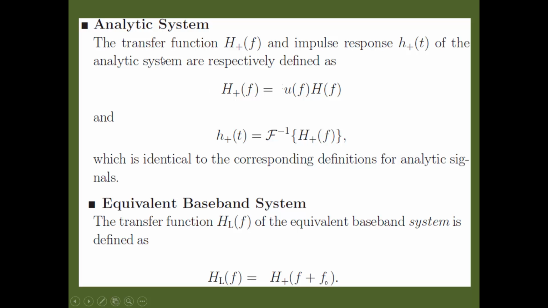Okay. As I explained in the signals case also, we have to take the positive side of the spectrum because we are dealing with the band pass system now. Earlier we dealt with band pass signals, and then we took the positive side of the spectrum of the signal.